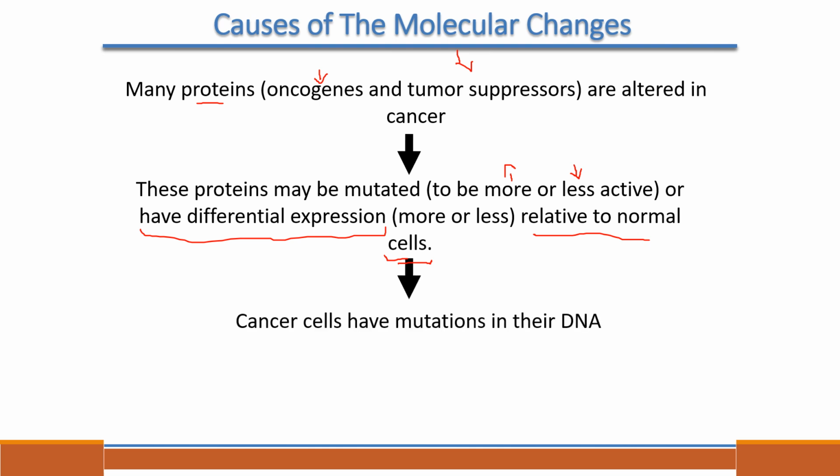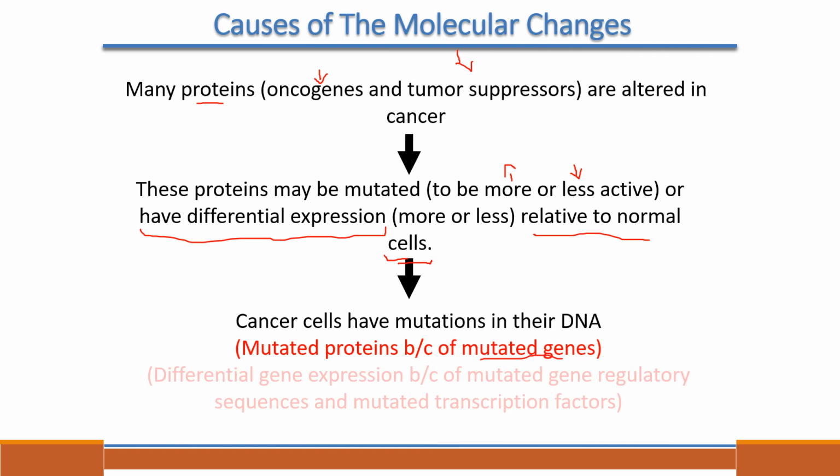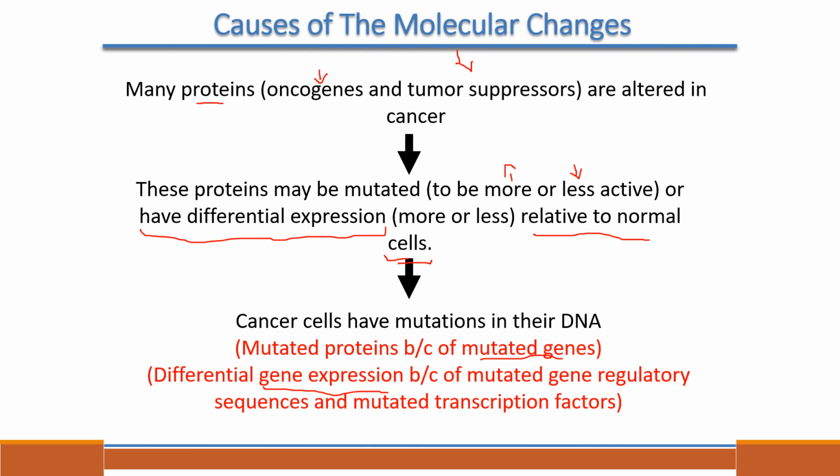So now we know that cancer cells have mutations in their DNA, that some of them will be mutated genes in these tumor suppressors or oncogenes, but there could also be mutations in places that cause differential gene expression, in the regulatory aspects of gene expression, so in transcription factors, that are very important.